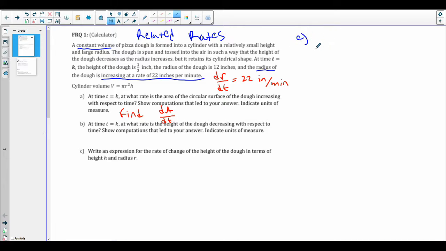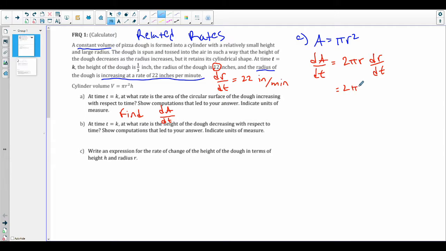Let's do that up here. So we're going to write out the area formula, pi r squared. And we're going to take the derivative of A with respect to time. 2 pi r, dr/dt. Okay, so let's plug in r. We know r, it's 12. Let's plug in dr/dt.